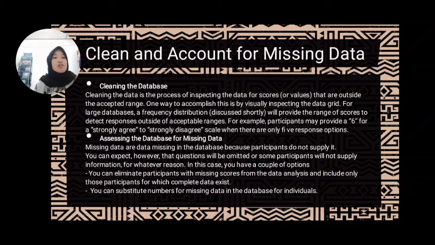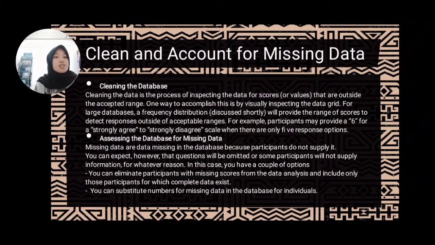For a larger database, a frequency distribution, discussed shortly, will provide the range of scores to locate responses outside of a comfortable range. For example, participants may provide a 6 for a strongly agree to strongly disagree scale when there are only 5 response options.